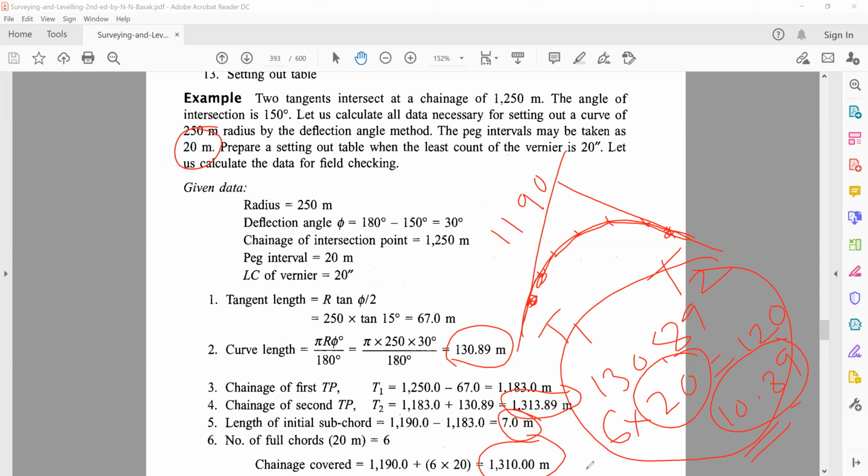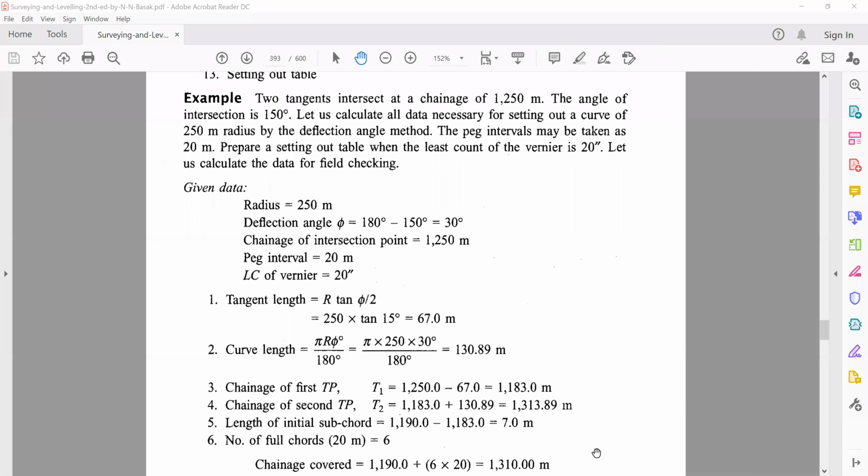But if I were you, I would do it the other way. Don't go into chainages. Just assume that T1 is at 0, and then use chord lengths of 20 until you reach the last point, for which you will have to use a different chord length. So that is it.